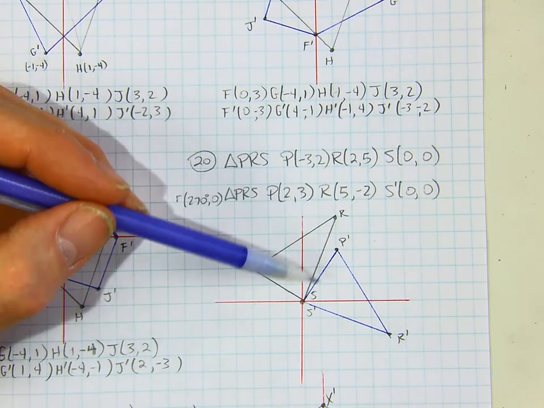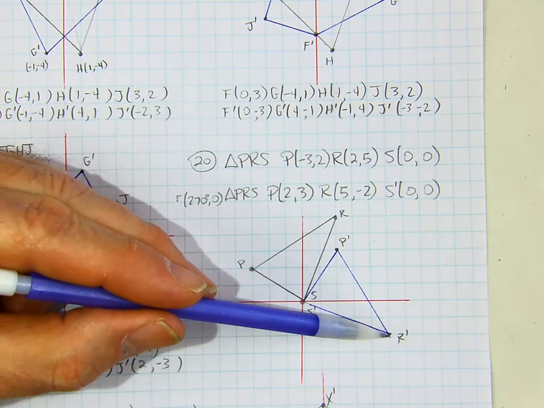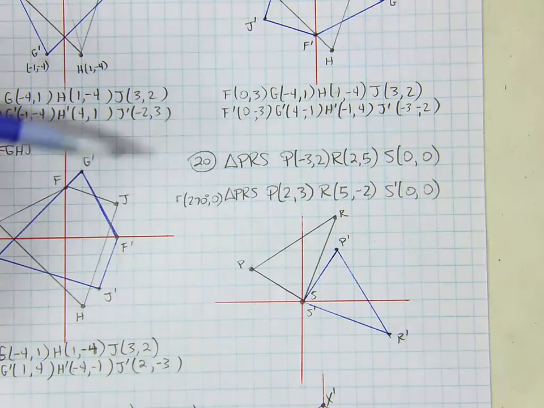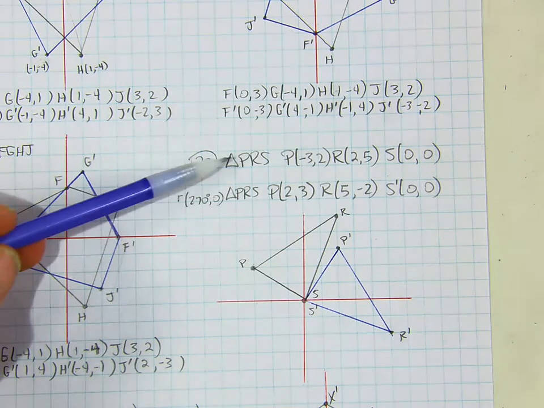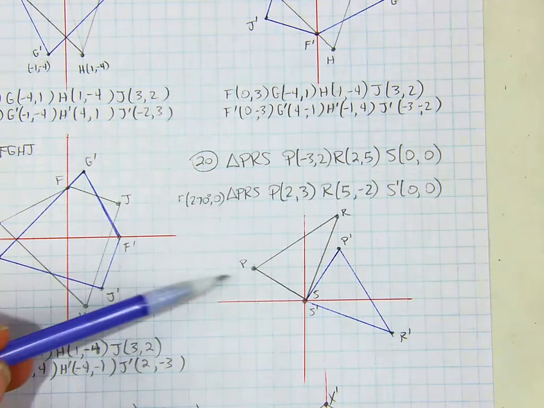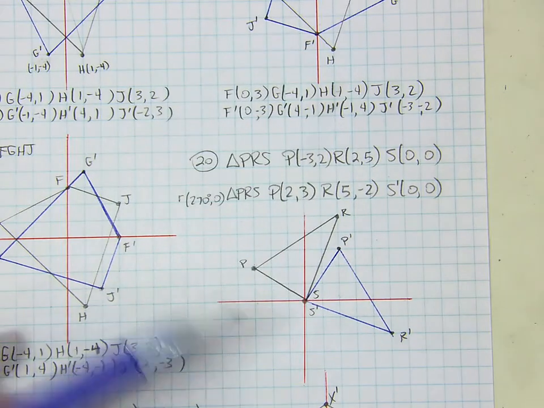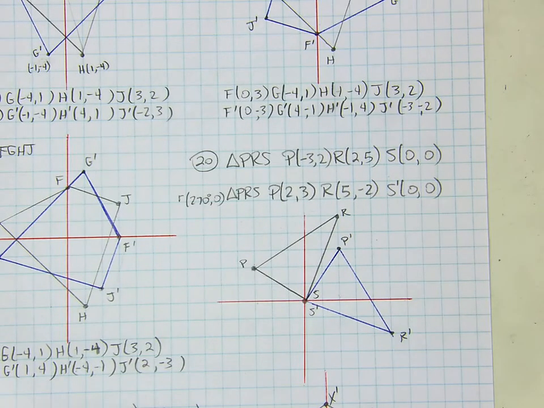It goes all the way around, becomes 4, negative 2. And S stayed in the same place because S was at the origin to start with. So you can see the change in the coordinates, and you should also be able to see how it moved. Now, they didn't tell you to graph it. All you had to do is come up with those points applying the rule.